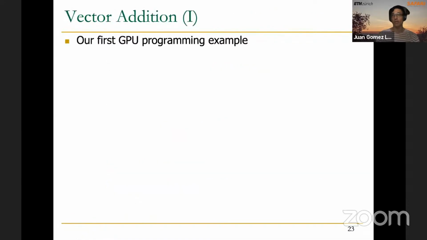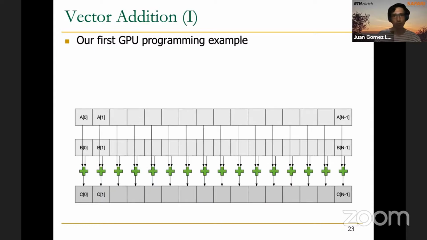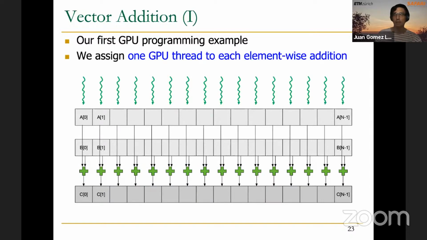But let's talk about the kernel itself, which is the thing that we really want to learn how to program in this course. And this is our first GPU programming example. As you know, in vector addition, what we do is the element-wise addition of two vectors. A very straightforward assignment of this computation to the GPU threads is assigning one GPU thread to each element-wise addition.